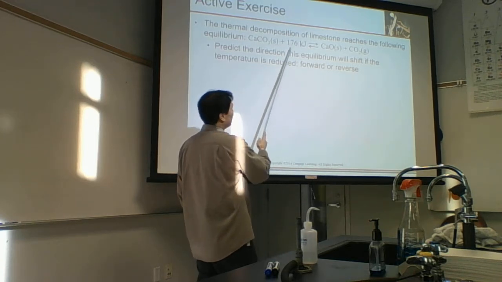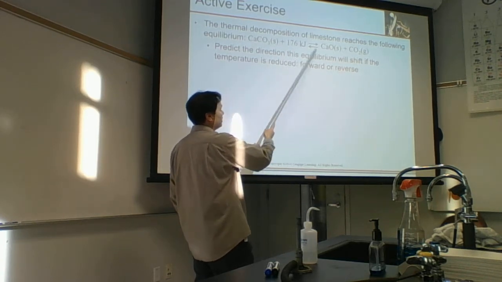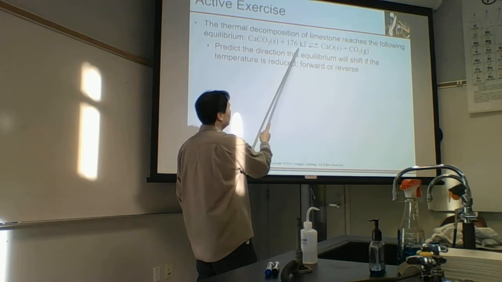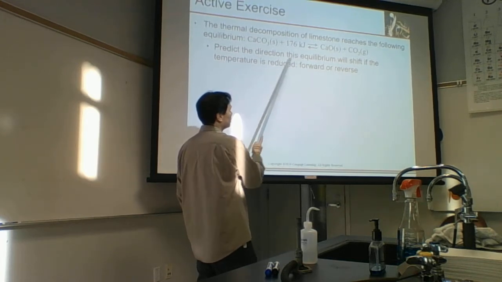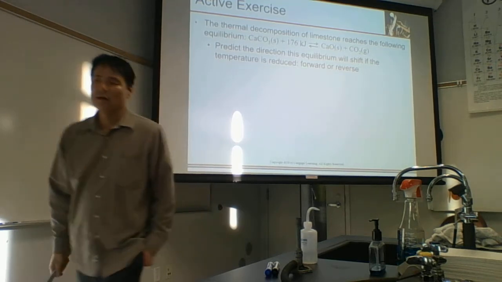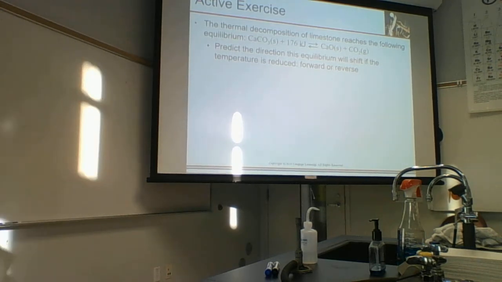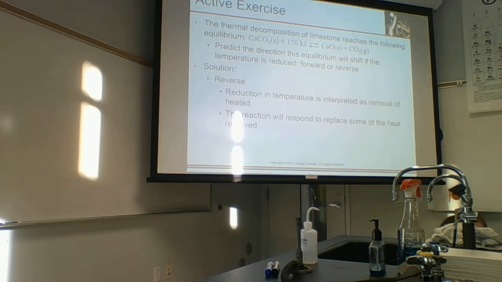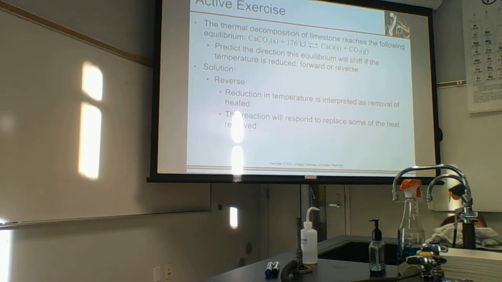This is like adding reactant: if I add more reactant, I need to form more product. If I remove heat, this is like removing reactant, so it should shift left. So adding or removing heat, we have to look at whether it's endothermic or exothermic. Here the temperature is reduced, so we're removing heat, and it shifts to the left, which is reverse.